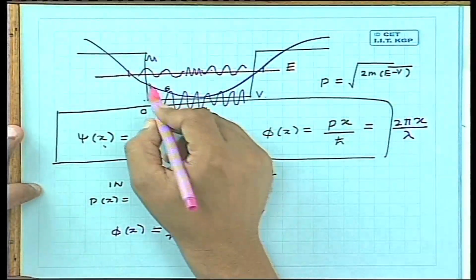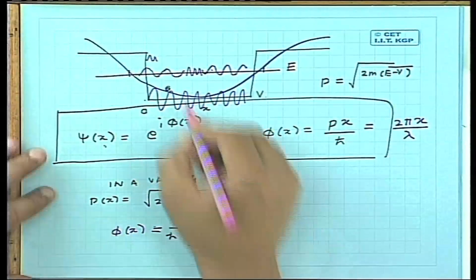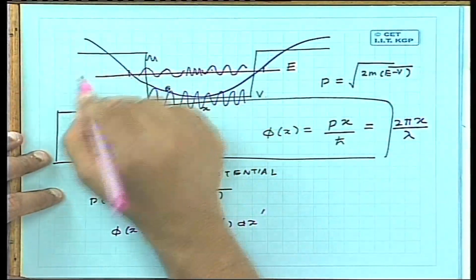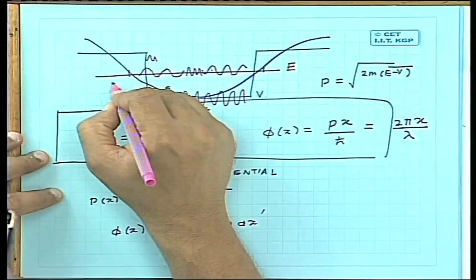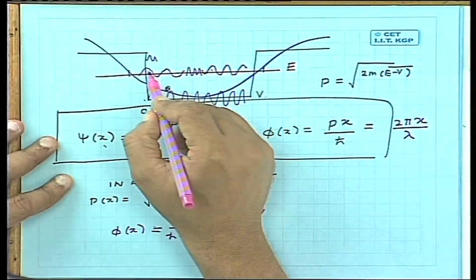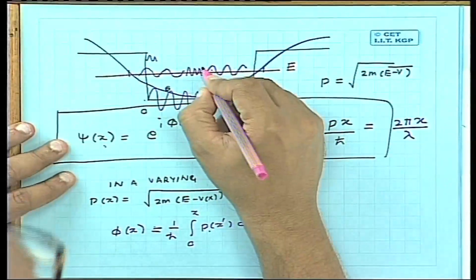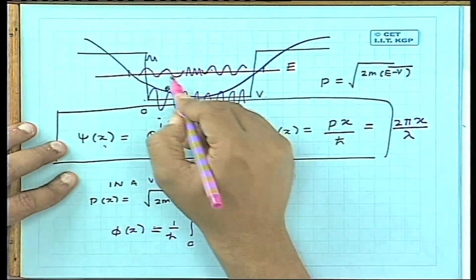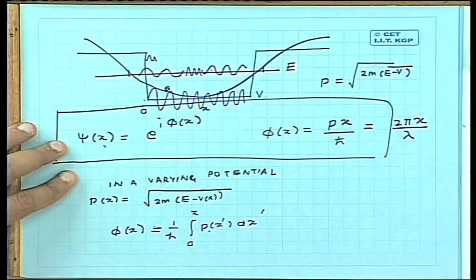So I cannot think of the wave function as being described by a wave whose wavelength keeps on changing slowly as I move along. Okay. So this picture fails in these classical turning points. This picture is quite valid over here, where the wavelength oscillates so fast that the potential doesn't change much across the wavelength. Okay.